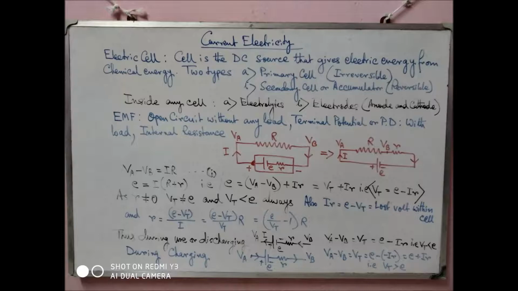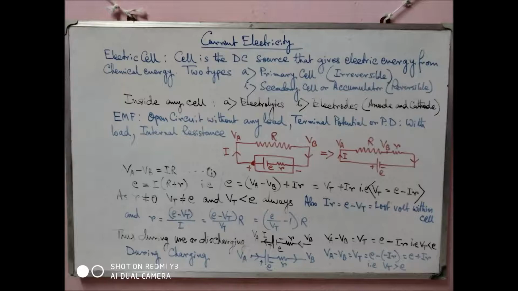Correct. Now the question is, what is the name of this term Ir? Current into internal resistance. The name of this term is lost volt. Now why lost? Because this voltage drop, or potential difference, or potential drop, anything you can tell, is within the cell, and we never get this in the external circuit.